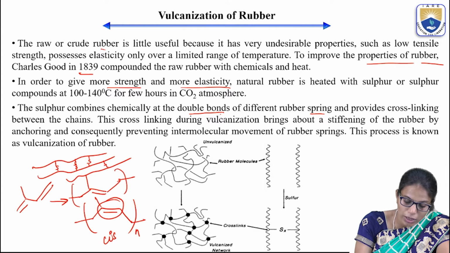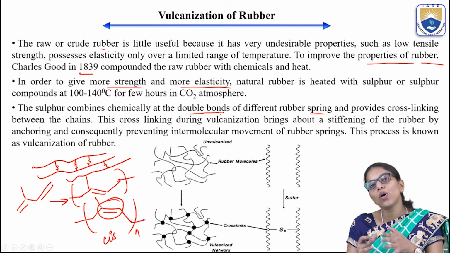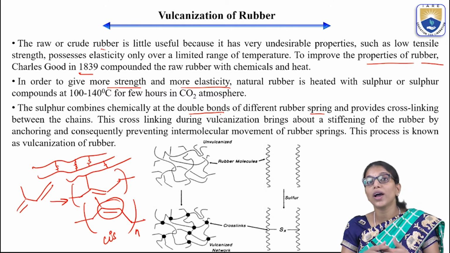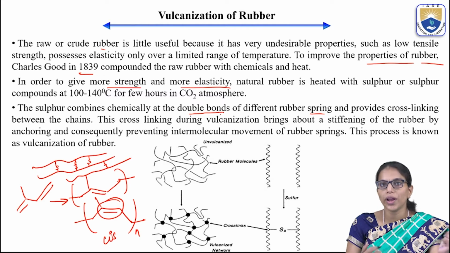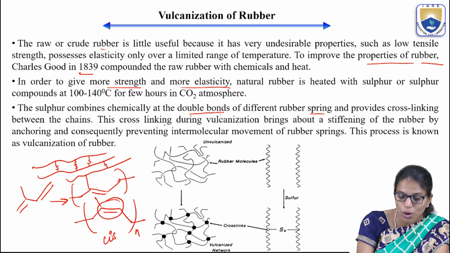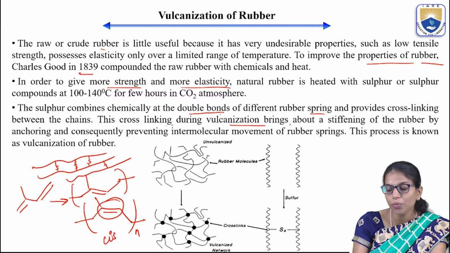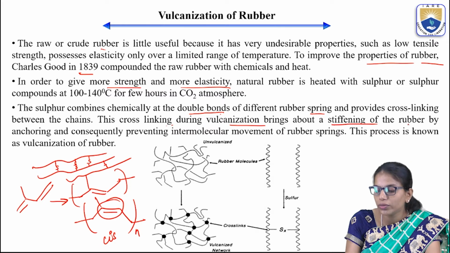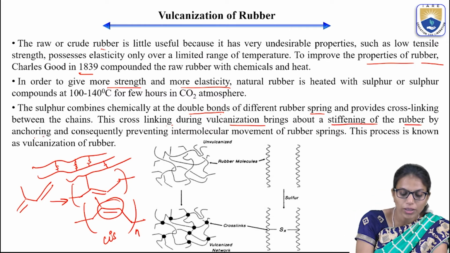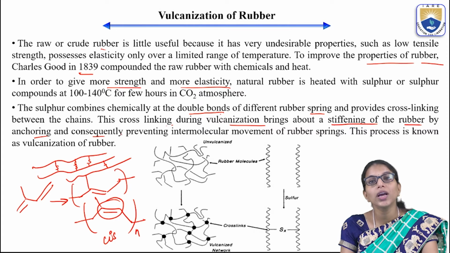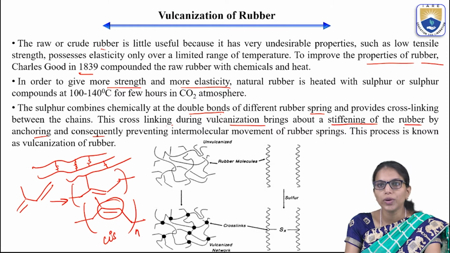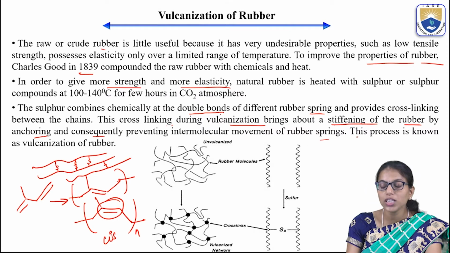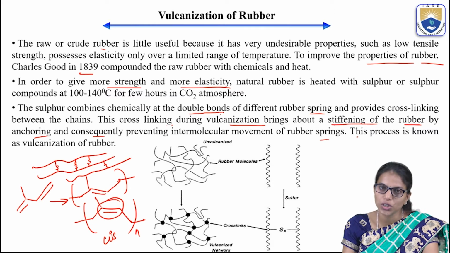So all the layers of natural rubber bind together via cross-linking with the sulfur atom, and this cross-linking during vulcanization brings about the stiffening of the rubber by anchoring and consequently preventing intermolecular movement of the rubber springs. This process is known as vulcanization of rubber.